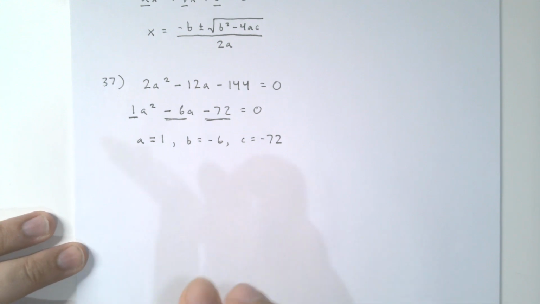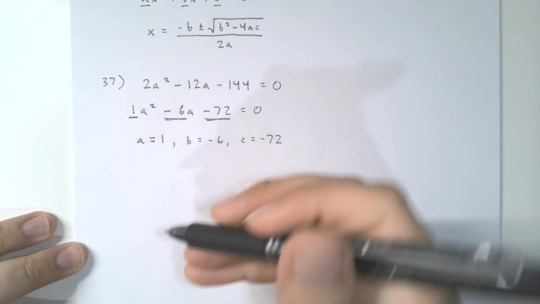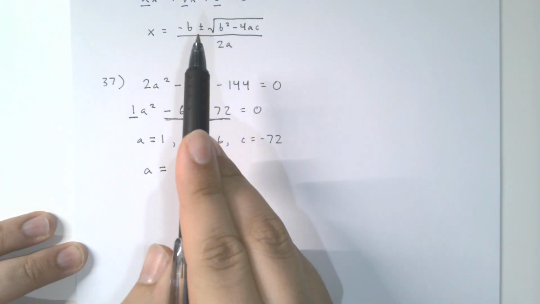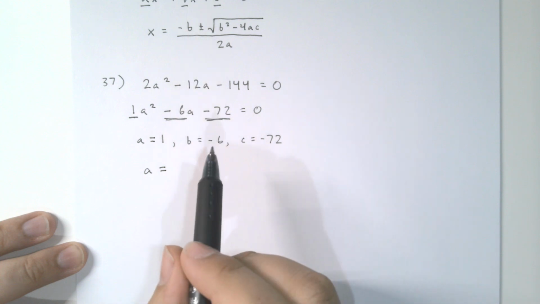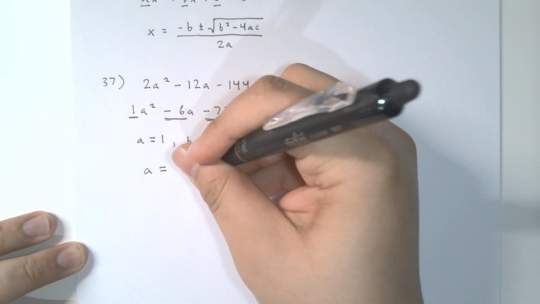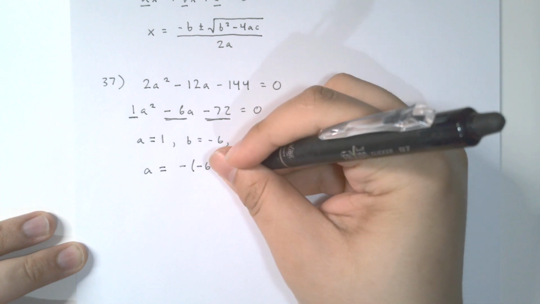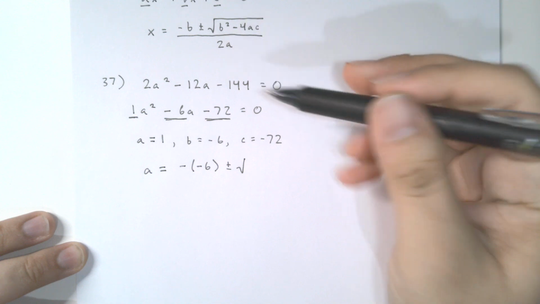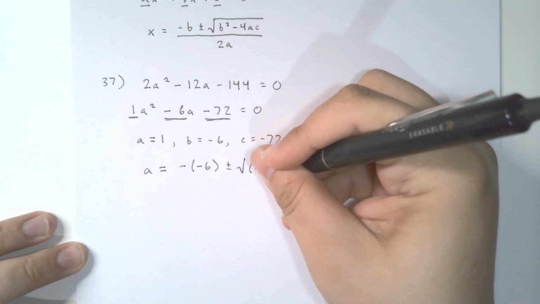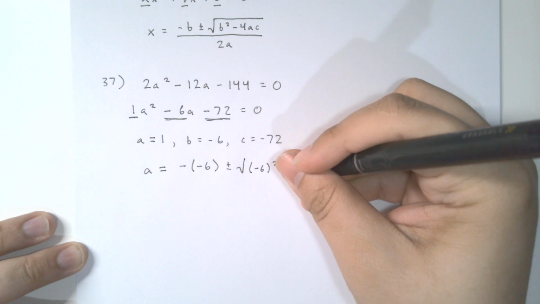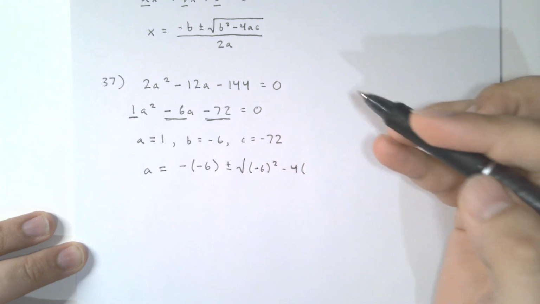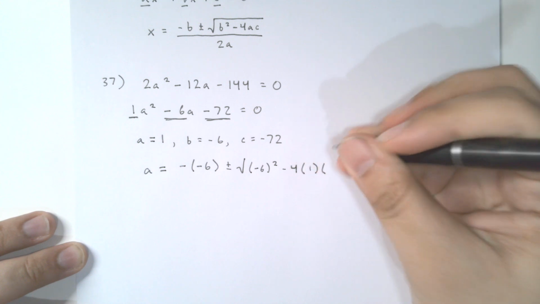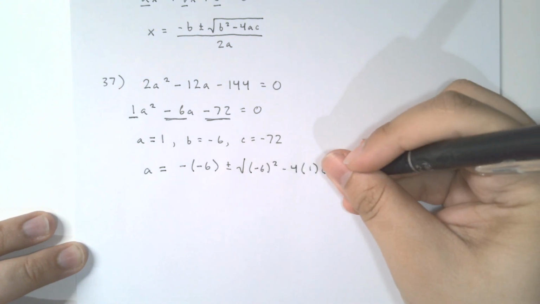And so whatever variable we're using, in this case, our variable a, is going to be equal to the quadratic formula. So negative b, we have negative 6, plus or minus the square root of b squared, so negative 6 squared, minus 4 times this a, 1, times c, which is negative 72.